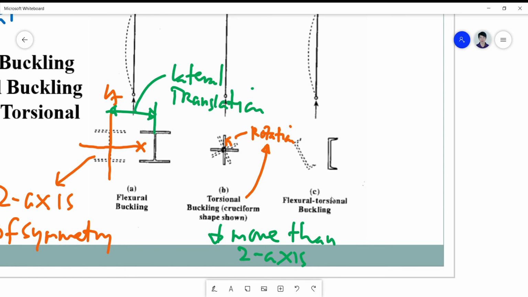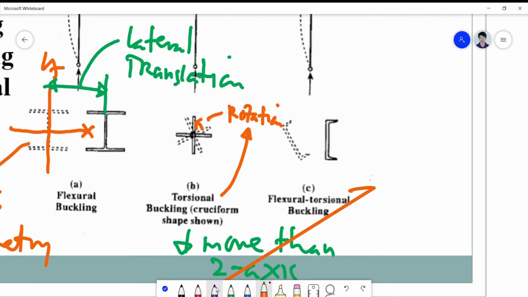So for a flexural torsional buckling, this is more common to a single axis, one axis member, such as a channel section. When you say axis, I'm referring to the axis of symmetry.